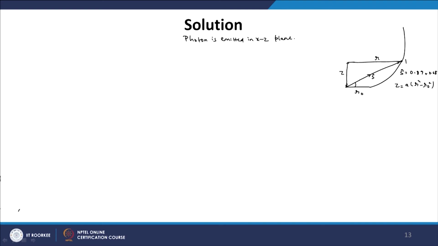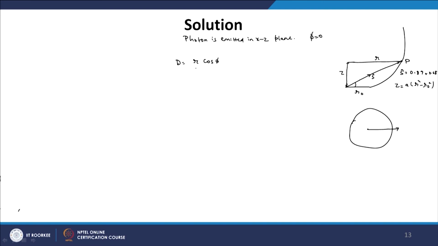Let us call this point P. So, we use this relation d is equal to r, where r is the radius of point P, cos phi, where phi is the angle. Now, because the plane the photon is emitted in is the xz plane, phi will be equal to 0. If you look at the projected area, this is the origin, the photon is emitted in this direction. So, phi is 0.